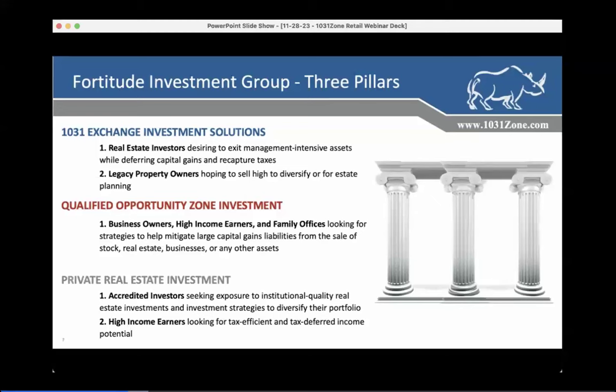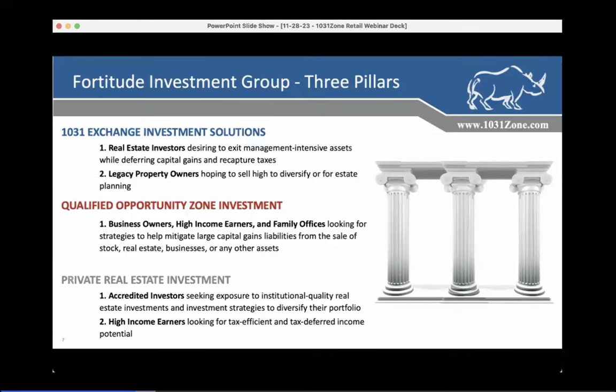Real estate investors looking to exit labor-intensive, management-intensive assets are going to have a large capital gains bill if they were to do that. So we help them through the 1031 exchange process, potentially deferring that capital gains tax bill and investing them into passive real estate portfolios. The second pillar of our business is qualified opportunity zone investments.